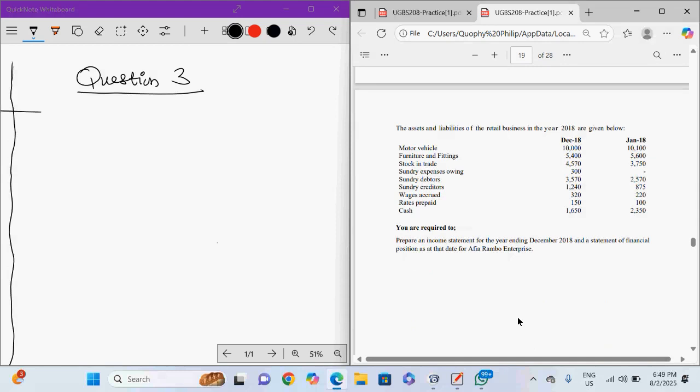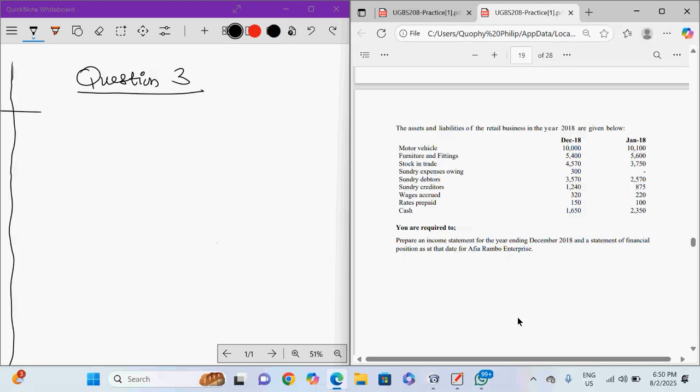According to my screen it is 18. I'm reading directly from the question you sent. It's 15. Okay. But here it's 18. I think I've downloaded it. Read from the screen.